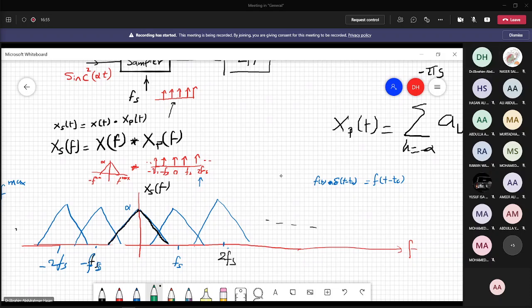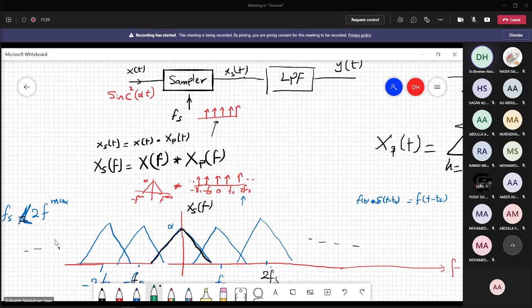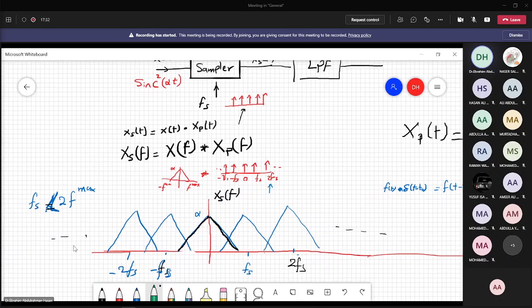It's difficult, because if you take a filter, even though it is very sharp here, it means that you pass the original one plus this part, which is not equal to the original one. So it is very difficult to reconstruct, because fs is less than 2 f max.